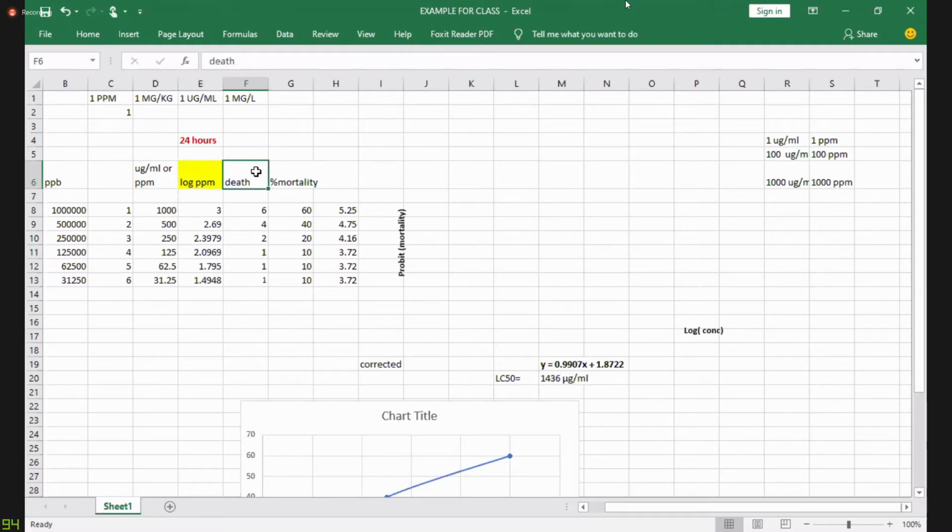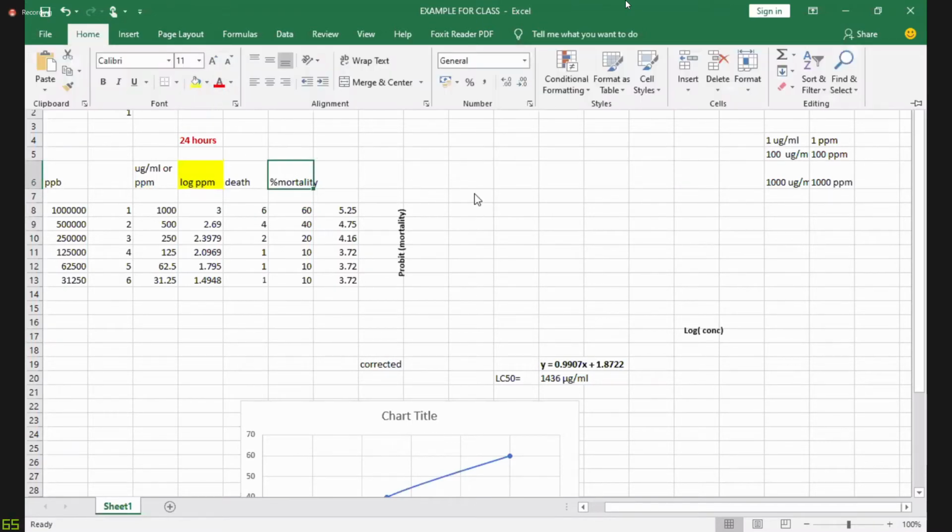Then this is the data you obtain from your experiments. For example, at 1 concentration in parts per million, 6 dead. So the percentage of mortality is 60%. And if the mortality is 4, the percentage of mortality is 40%, and so on. So this one, let me highlight again.